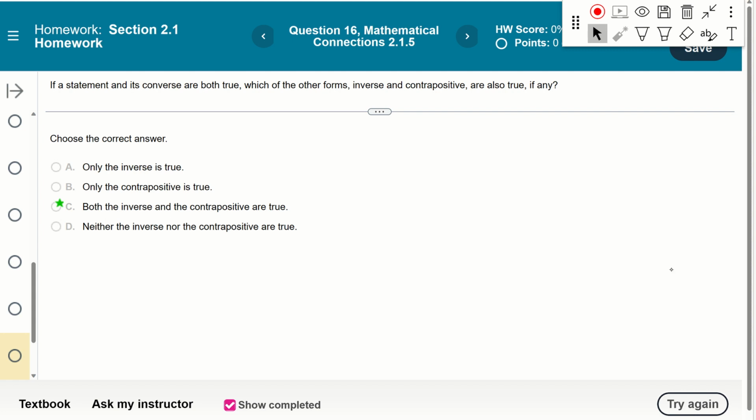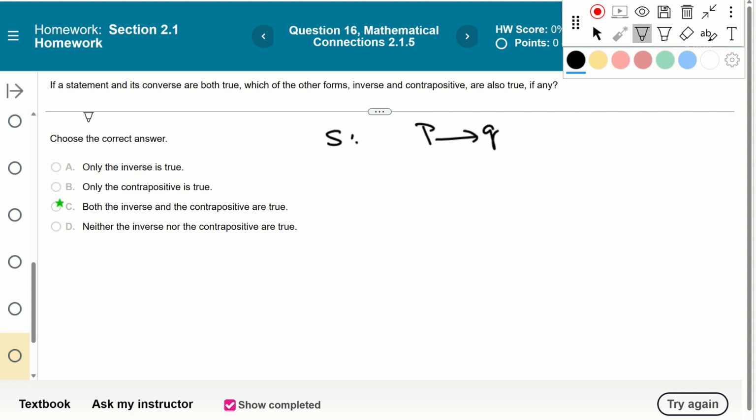So if the statement itself is P implies Q. Now, there's a little technical issue with the way this problem is written. What they mean is, instead of a statement, they actually mean a conditional, and its converse are both true. So we kind of know what they mean, so we'll go ahead and proceed.